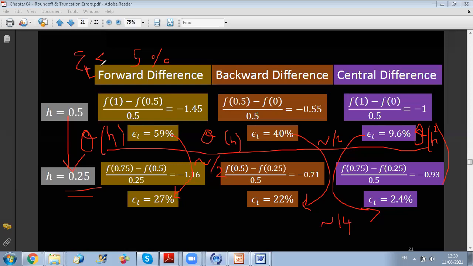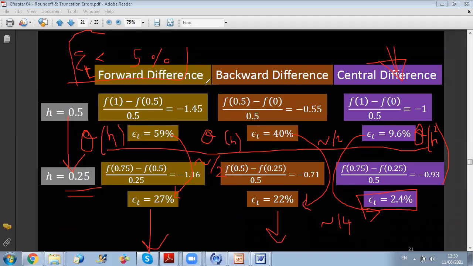So the only scheme that satisfied the criterion is the central difference scheme. If I choose the central difference scheme to compute the derivative, then I will stop at the second iteration. While if I use the forward or the backward scheme, I should continue until reaching epsilon true smaller than 5%.